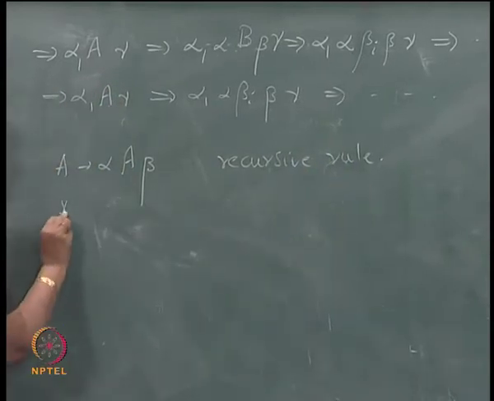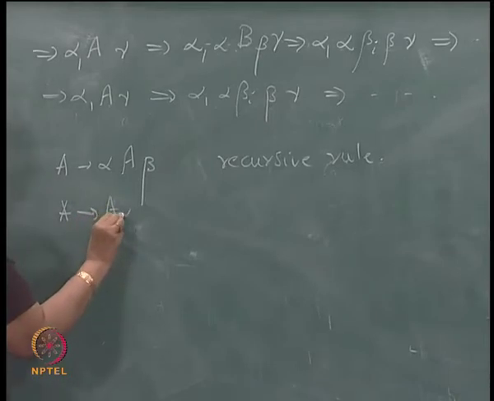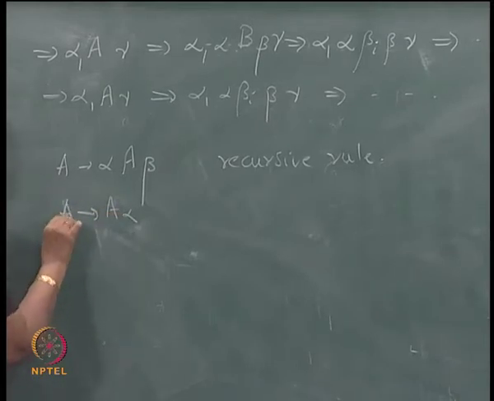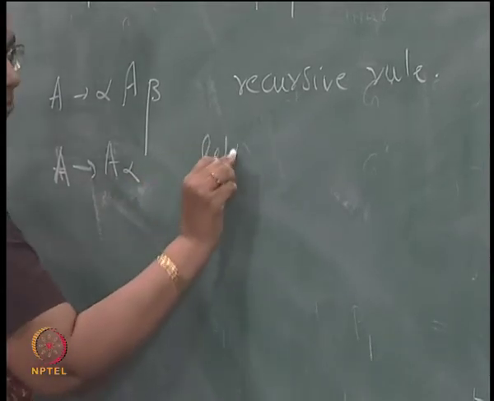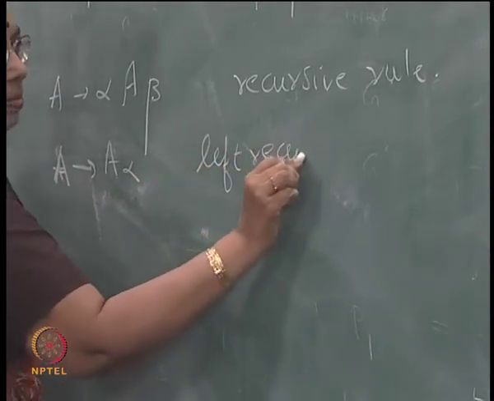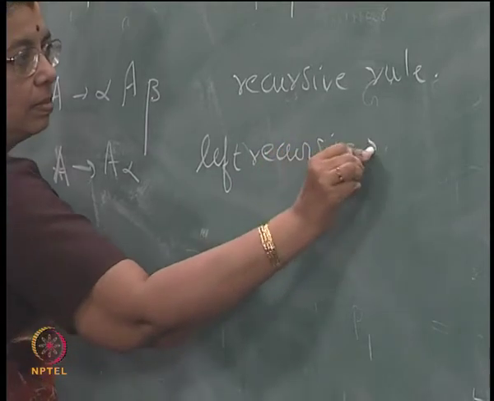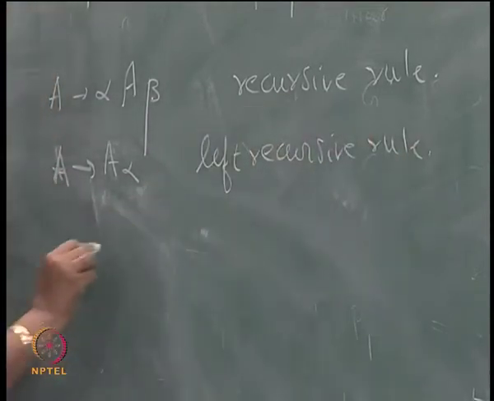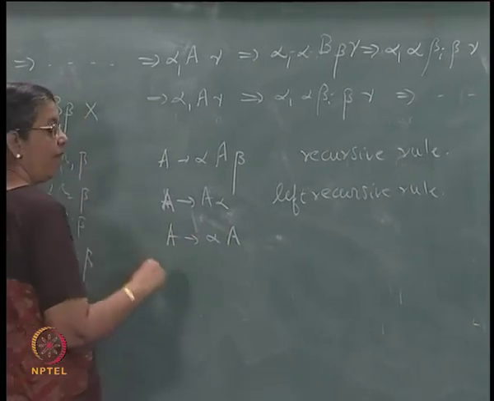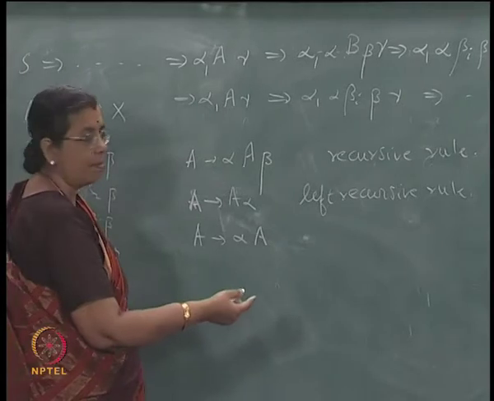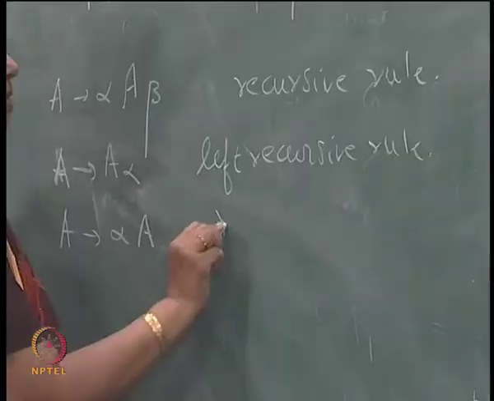A rule of the form A goes to A alpha, where A is the first, leftmost symbol, is called a left recursive rule. A rule of the form A goes to alpha A, where A is the rightmost symbol, is called a right recursive rule.